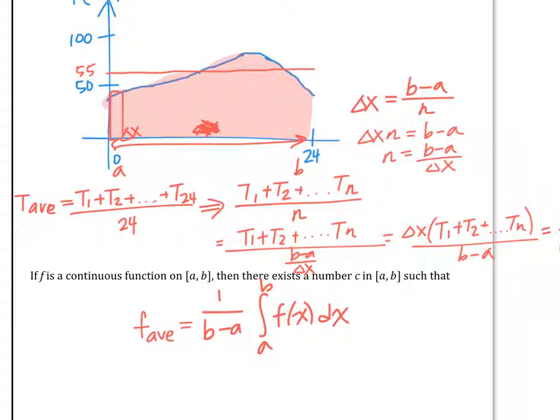Is there a place, if I draw a line so that I create this box, that this area is the same as the area under the curve? Of course, I can always find that line. That line is the average of the function. Does that make sense?